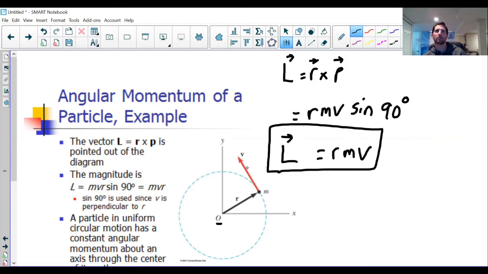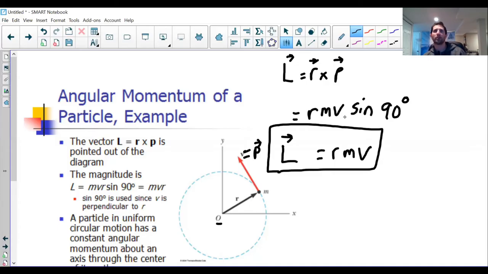So here's my velocity vector. And think about it. If the velocity is in this direction, so is the momentum. It's in the same direction. So the angle between this vector and this vector happens to be 90 degrees.